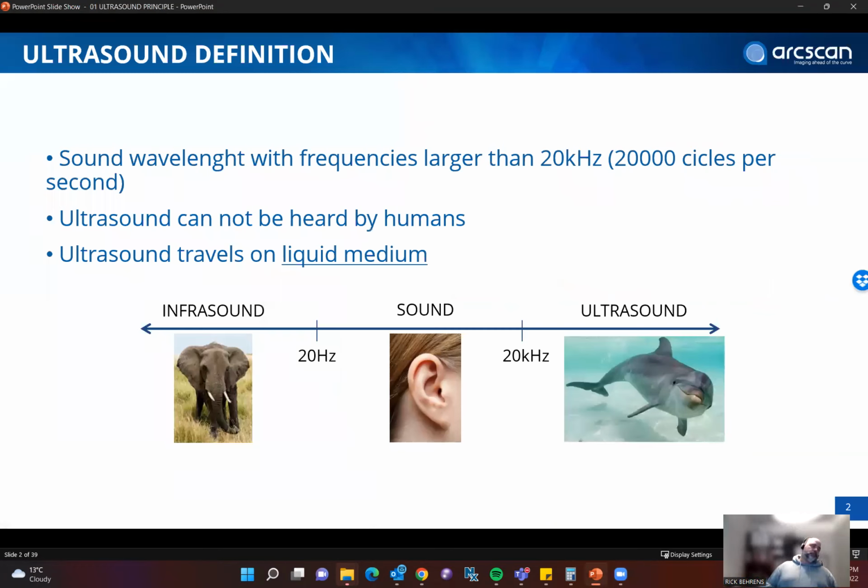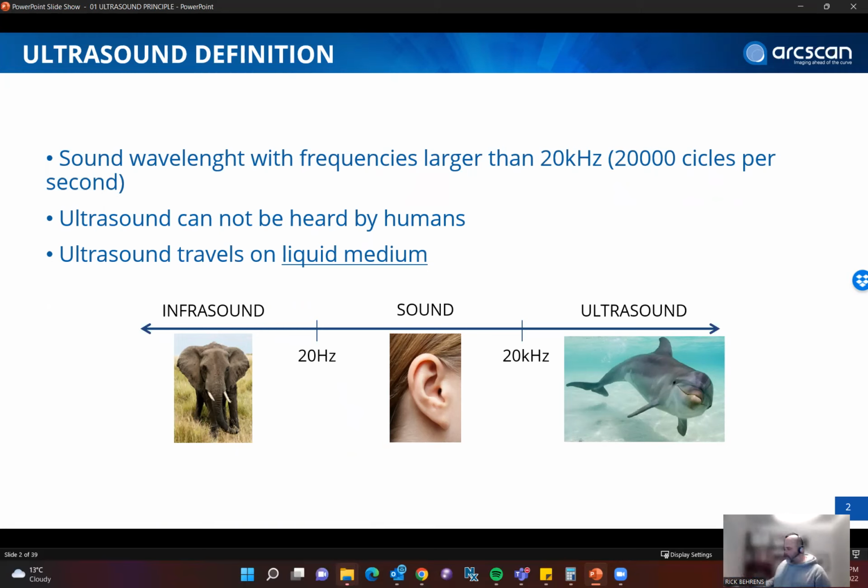Okay, good. So the definition of ultrasound is any sound wavelengths larger than 20 kilohertz. The human ability to hear covers sounds between 20 hertz and 20 kilohertz. However, infrasounds, very deep sounds like those of elephants, are not heard by the human ear.